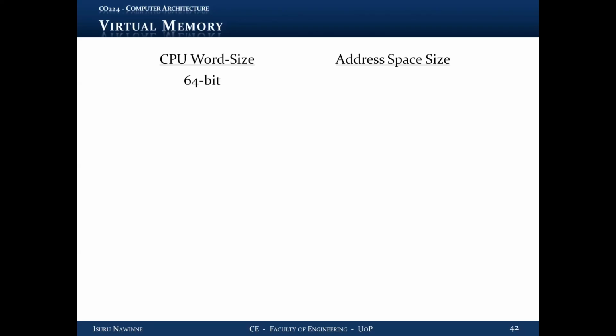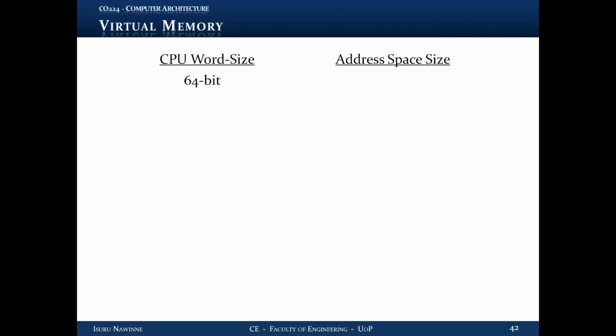Can someone tell me, if your CPU word size is 64-bit, what is the size of memory that is addressable by such a CPU? Word size in a CPU means the size of an operand in that CPU, the size of operand the CPU deals with.